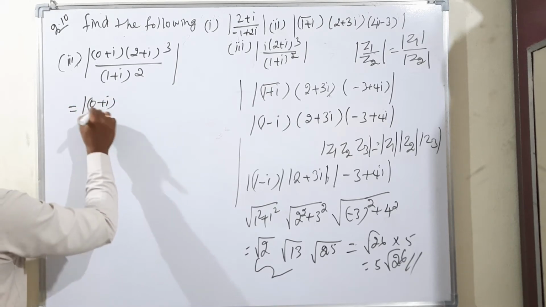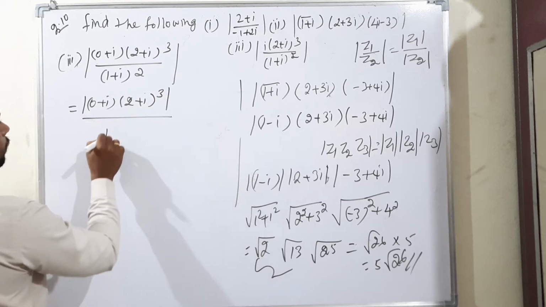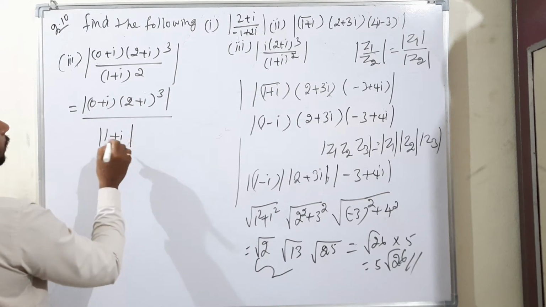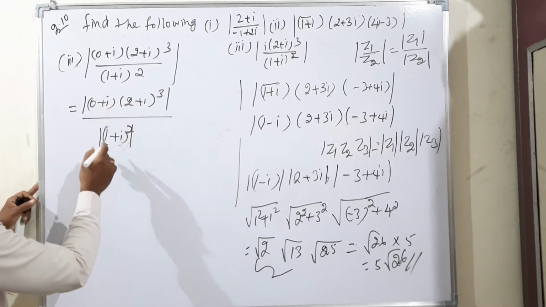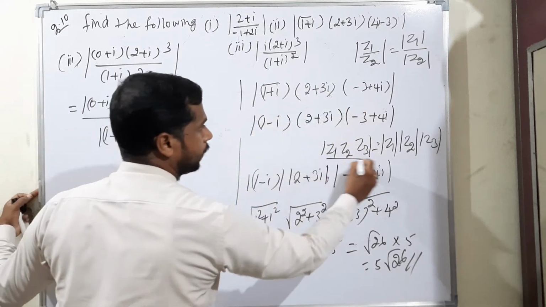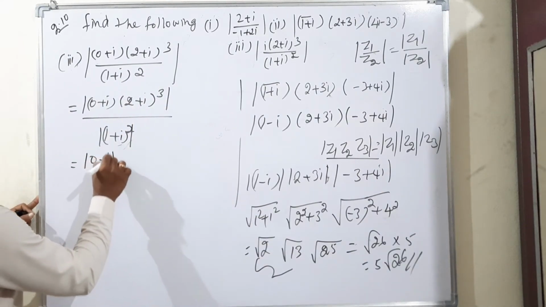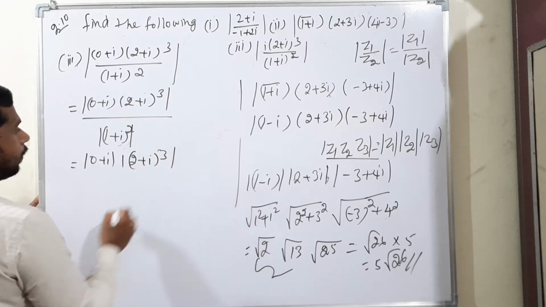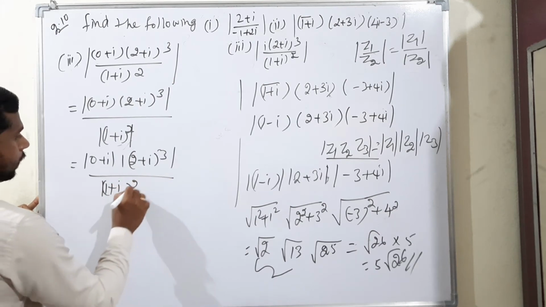In the numerator we have to separate modulus of Z1 into modulus of Z2 like that. So what will happen? Modulus of 0 plus i, then modulus of 2 plus i the whole cube, divided by modulus of 1 plus i the whole square.